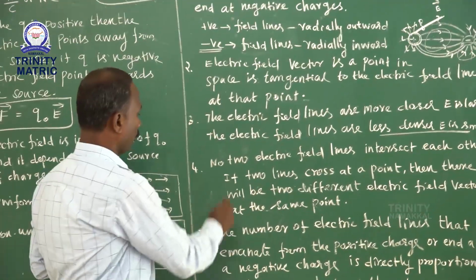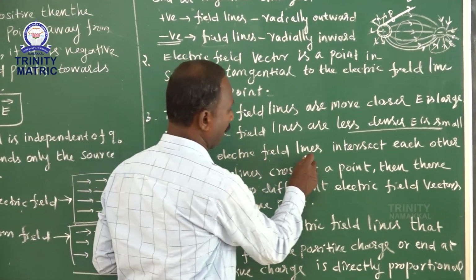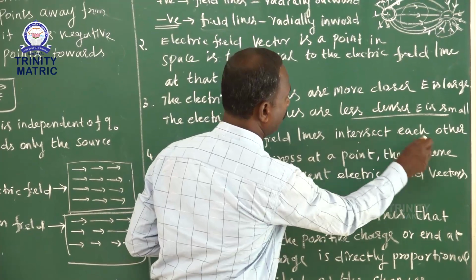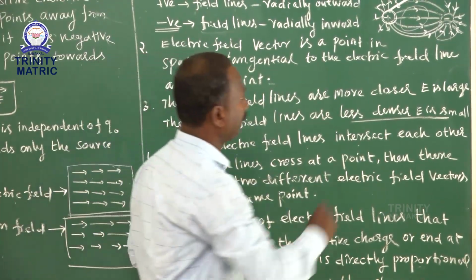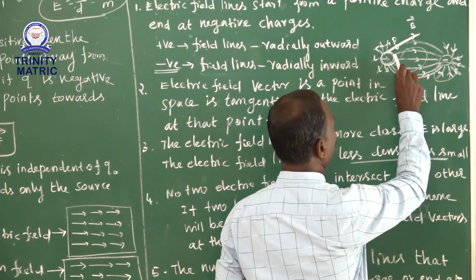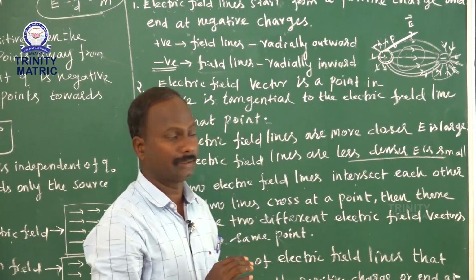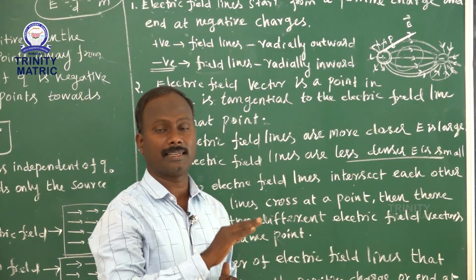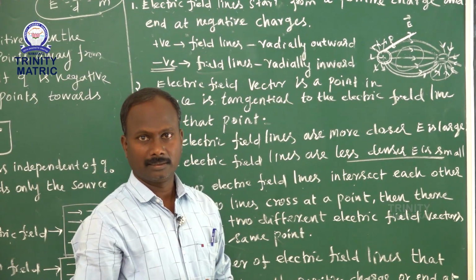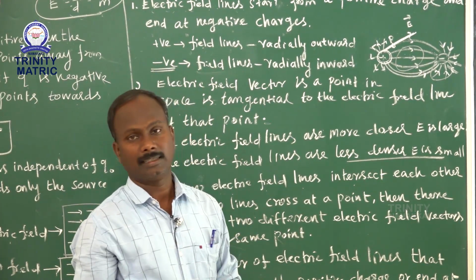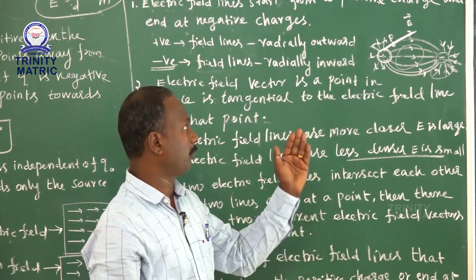Next point: no two electric field lines intersect each other. See this diagram, there is no intersection of two lines. The electric field lines do not cross each other.